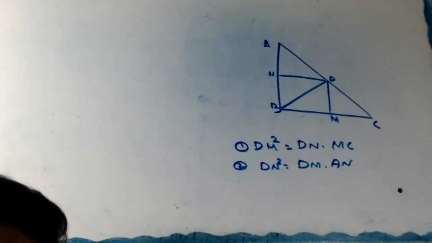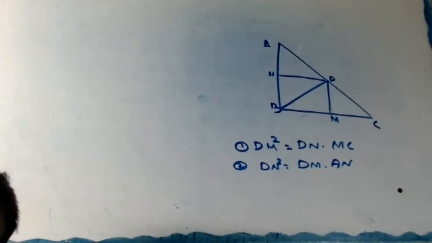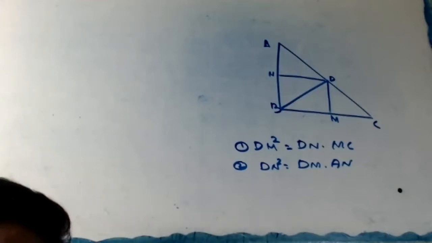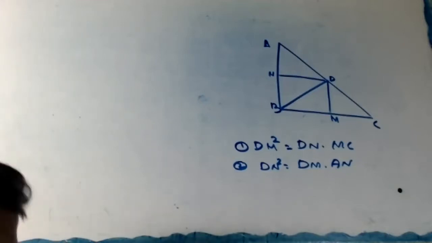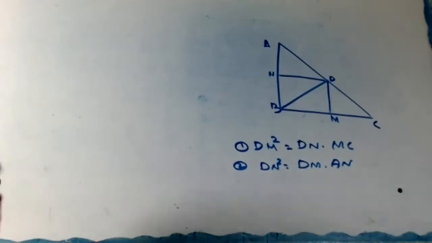Prove that DM square equal to DN into MC. Then DN square equal to DM into AN. Okay. You try now.